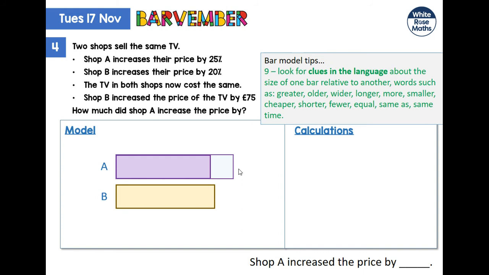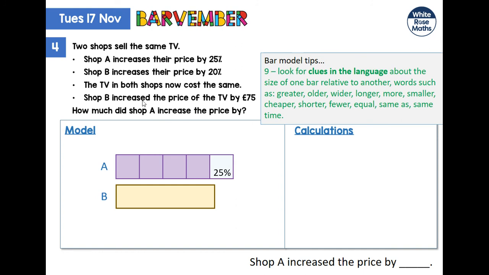So that's key percentage and fraction connected knowledge that you need to know. Okay, because once we've recognized that 25% is a quarter, then we can see that the shop has increased the price by 1/4. So we now have 5 quarters here.